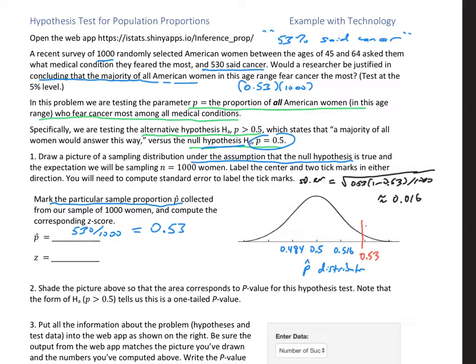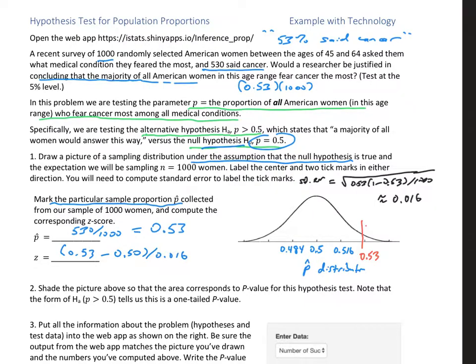If you're not 100% sure where that line is with respect to the tick mark, that's one good thing that the z-score is for. The z-score, if you remember, is the value that we observed, 0.53, minus the mean, and I'm talking about the picture that I have on the right there. So the mean of that picture is 0.5, and the standard deviation in that picture is 0.016.